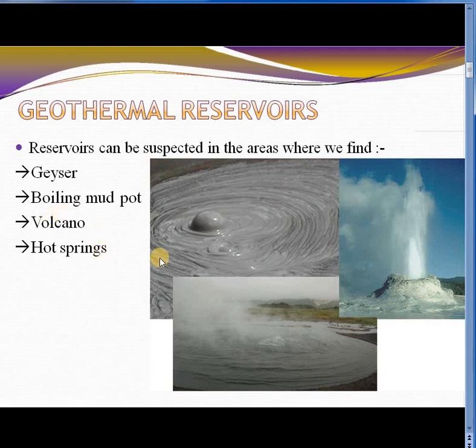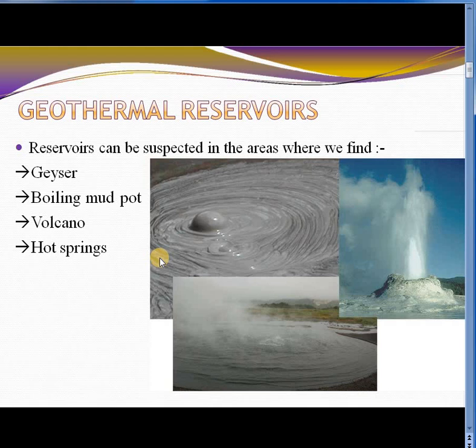Volcanoes, hot springs. Springs are the ones which will have a continuous flow of water, but hot springs are the ones which will have a hot flow of water all year, every time. The temperature and the water get hotter and hotter as you go deeper inside the ground.